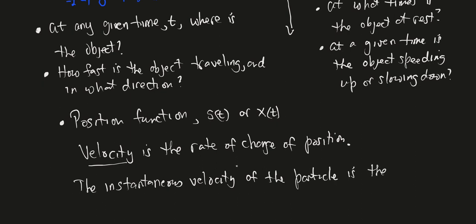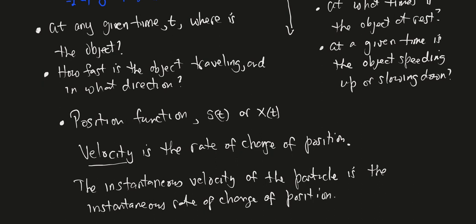is the, again, if for instance I just put the word instantaneous in front of velocity, then I'd have to put the word instantaneous in front of rate of change of position. So is the instantaneous rate of change of position. But we know how to find an instantaneous rate of change.